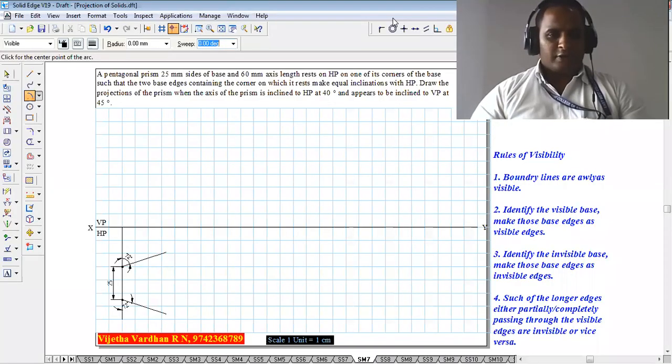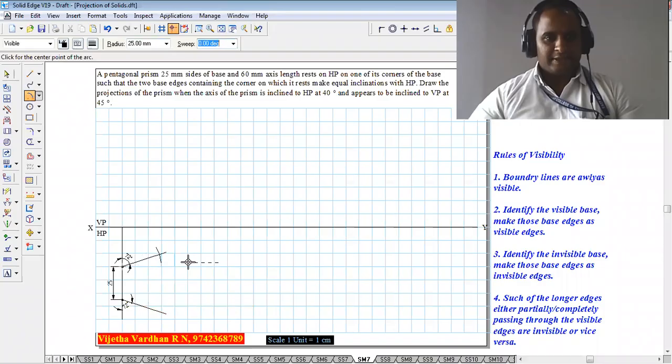After drawing this 72 degree line from both the points, now keep the compass at this point and, taking this value as a radius, draw an arc over here, and without changing the radius, again keep the compass at this point and draw one more arc over here.